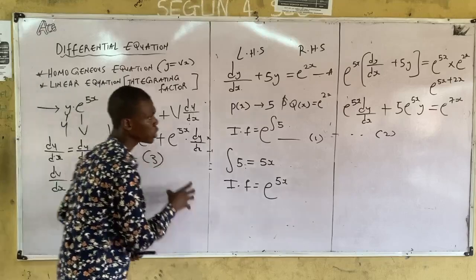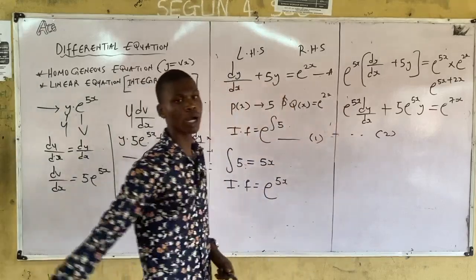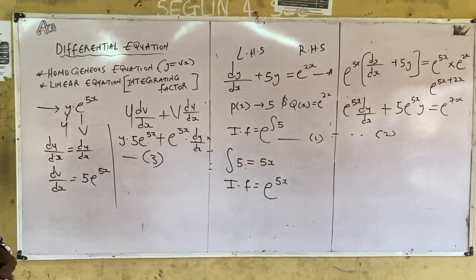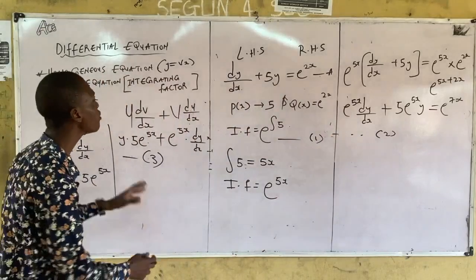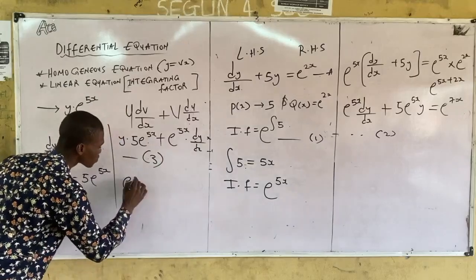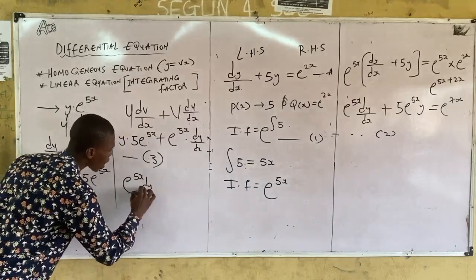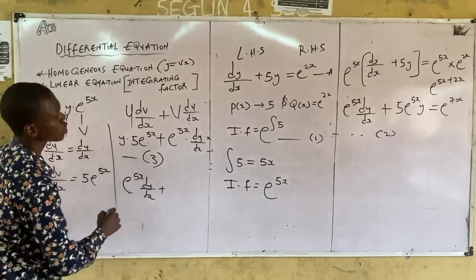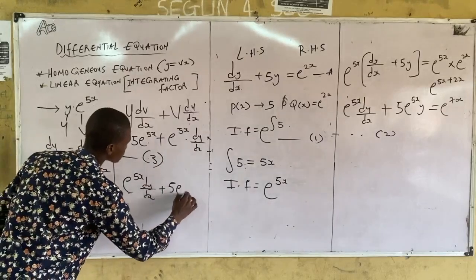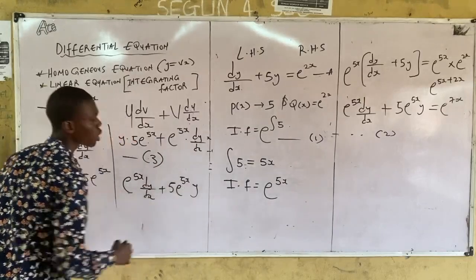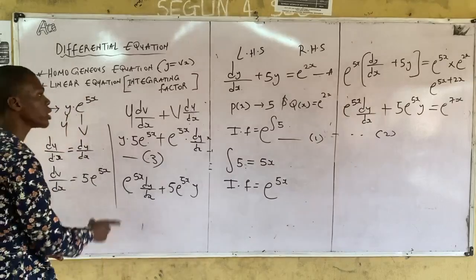From equation 3 and equation 2, what can you say about both equations? Let me rearrange equation 3 as exponential 5x dy over dx plus 5 exponential 5x y. What can we say about equation 3 and equation 2?